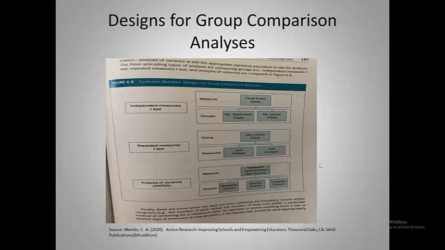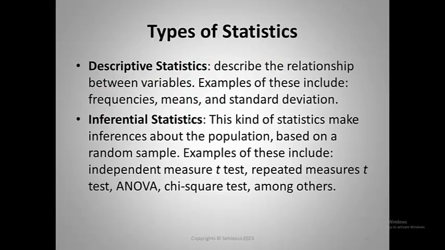Depending on the number of measures you are using and the number of groups, it will dictate the type of inferential statistics that you will be using in each case. So you have independent measures t-test, repeated measures t-test, or ANOVA as inferential tests, depending on the number of measures and groups you are using.